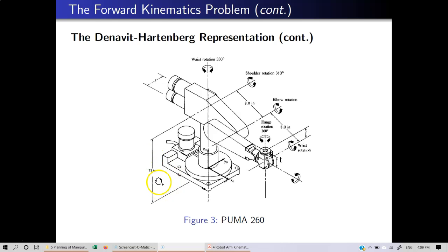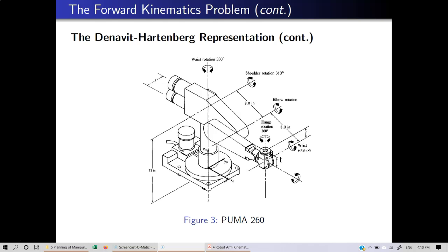In the next step, this dimension will be helpful for us to determine D1. If we establish the origin to be elsewhere, we wouldn't know the distance from here to here, so we'd have a problem determining D1. Anyway, let's find the next coordinate frame 1.